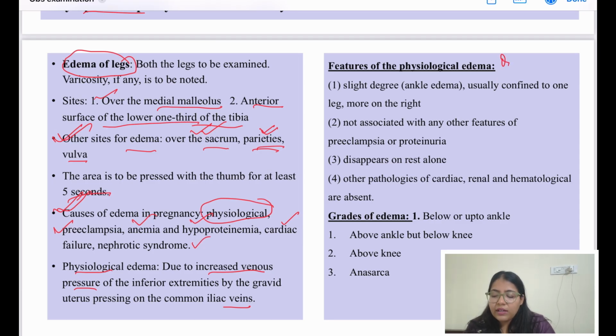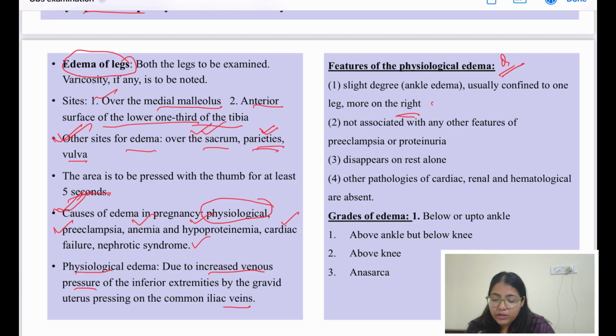Another question is, what are the features of physiological edema? Physiological edema is always slight, not major or worrisome for the patient, and it is mostly more on the right side because of the dextrorotation of the uterus.